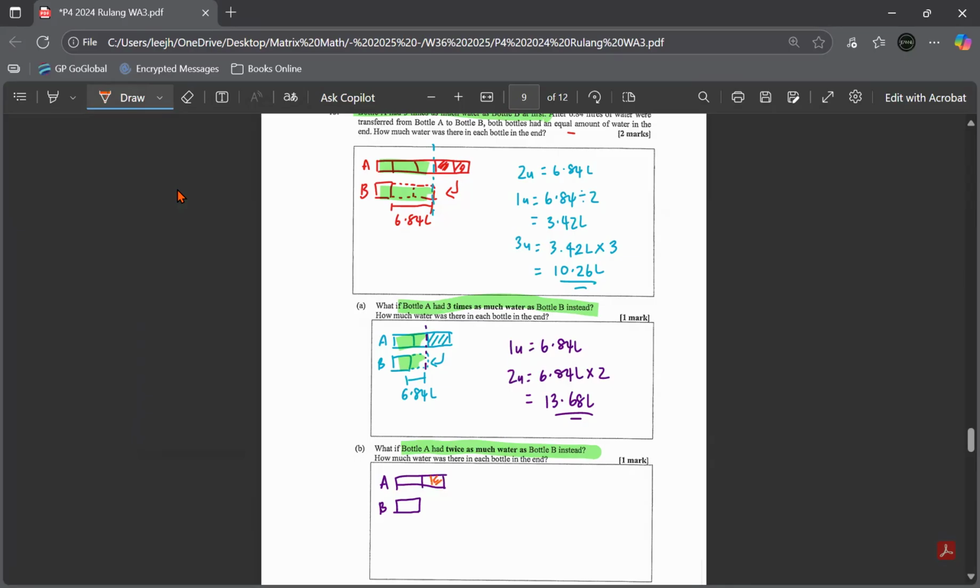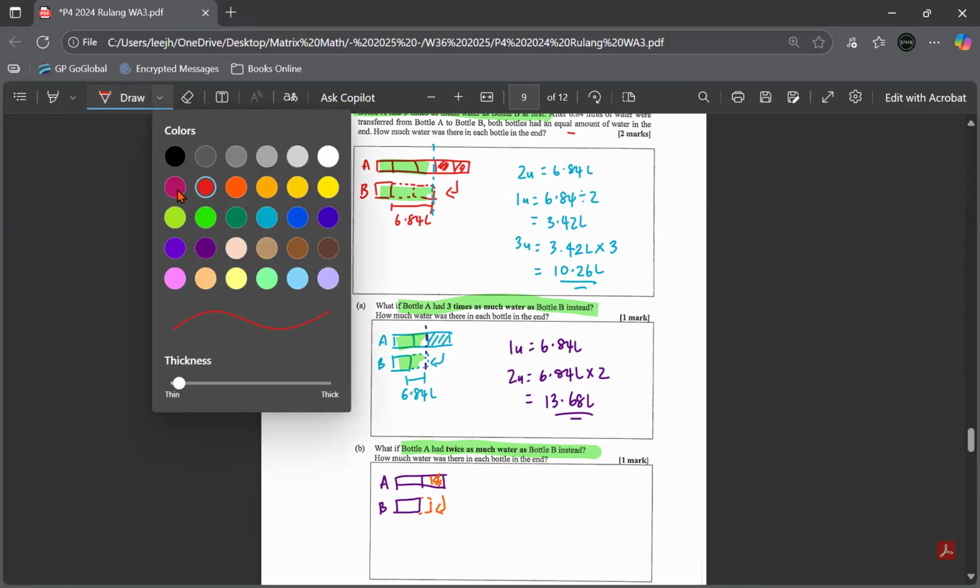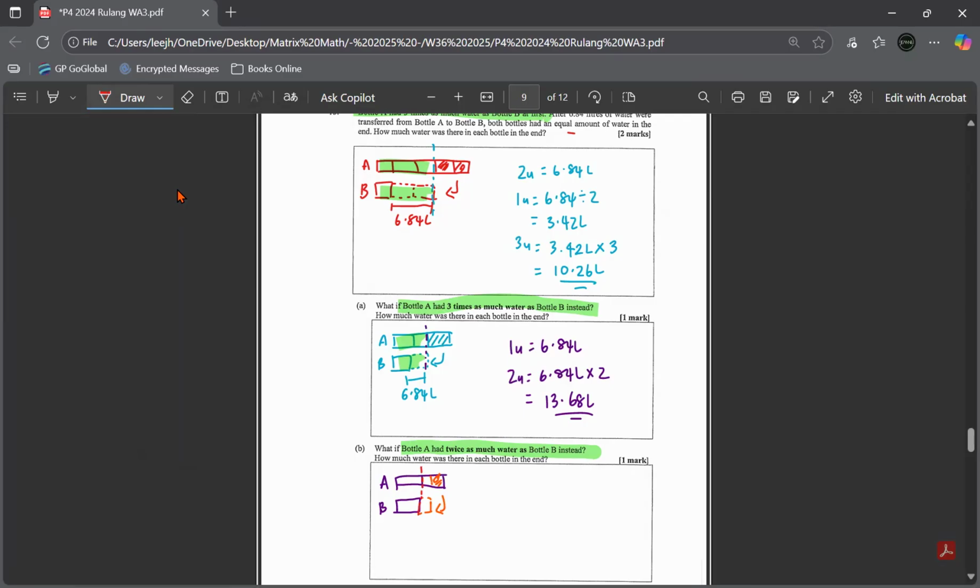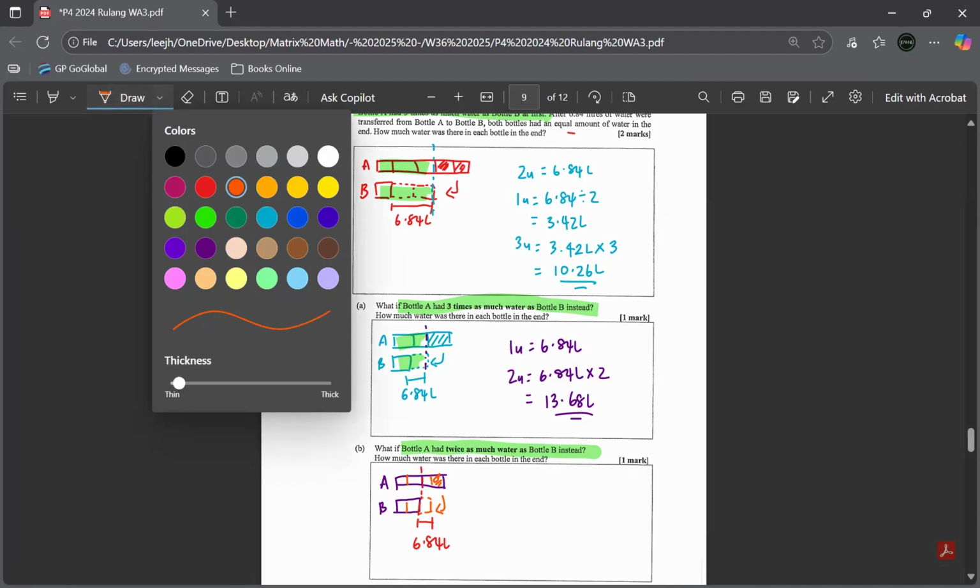So if I give this little half unit to B, they will have equal. And you can see how much was transferred down? 6.84 liter. So now you can see if I split 1 unit into 2, this all also must split. Because I split one, the rest also must split already.